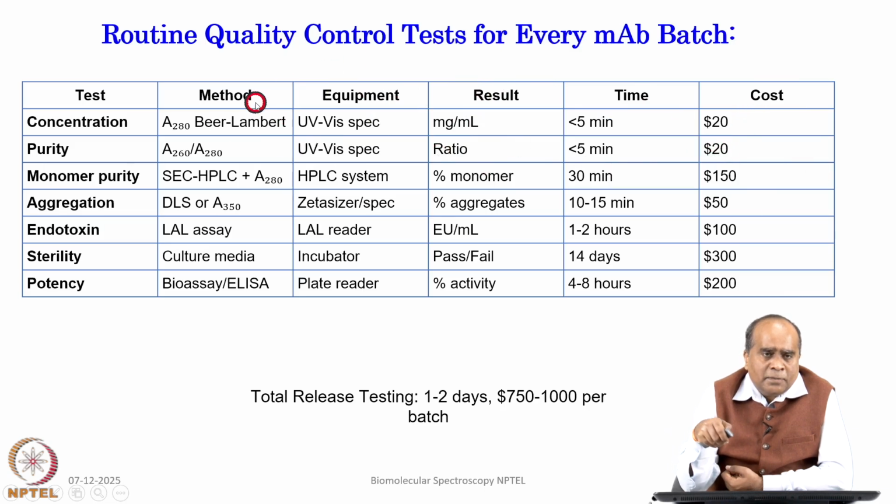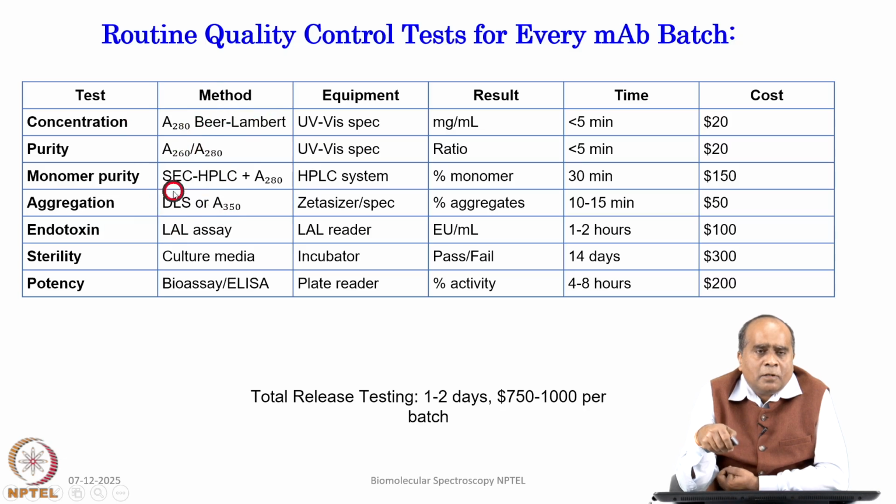For purity, you can check whether DNA contamination is there or not using the 260 by 280 ratio. One can do it using UV visible spectroscopy in less than 5 minutes. The monomer purity you can do with SEC HPLC plus absorbance at 280; SEC is size exclusion chromatography, HPLC is high performance liquid chromatography.